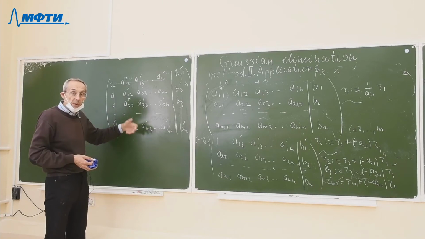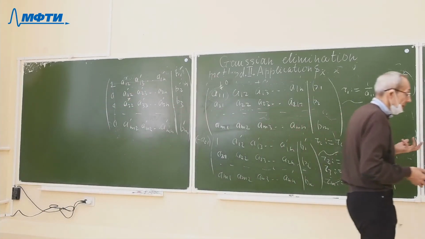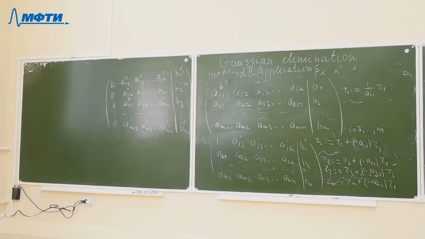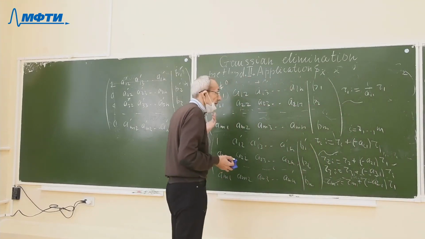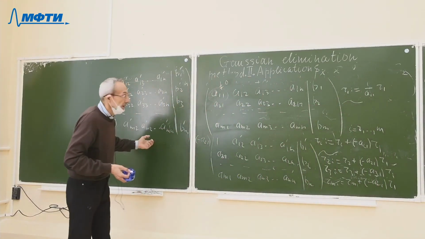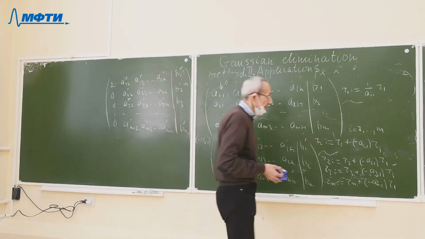And step by step, we obtain a matrix which has either 1 row or 1 column. And this matrix has the echelon form. The matrix has echelon form.